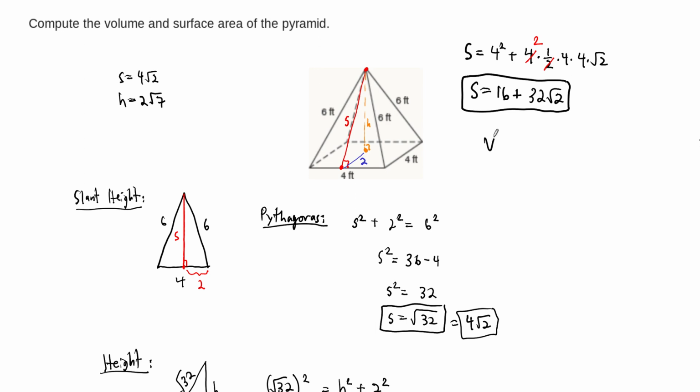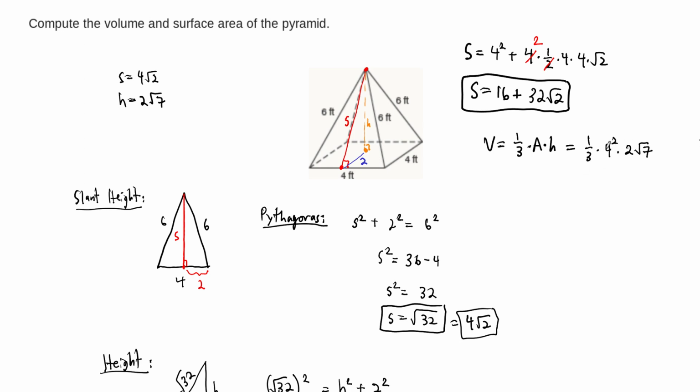The volume, remember, the volume of a pyramid is 1/3 times the base area, this capital A, times the height. So that's why we needed the height here. The base area we just computed was 4 times 4, 16. And we know that the height we computed is 2√7. So this is 1/3 times 4 squared times 2√7. And there's no reduction that we can do.